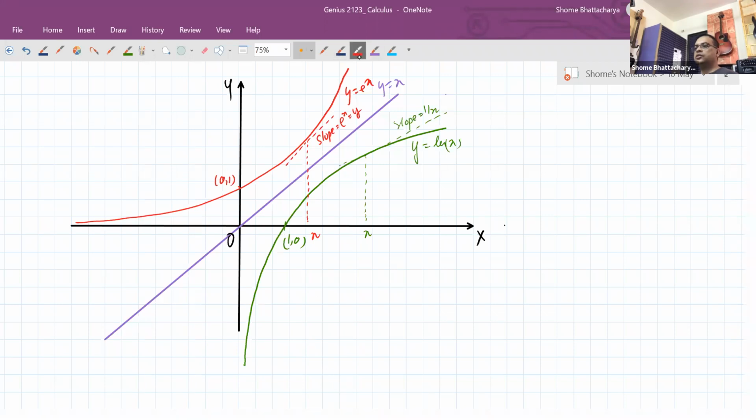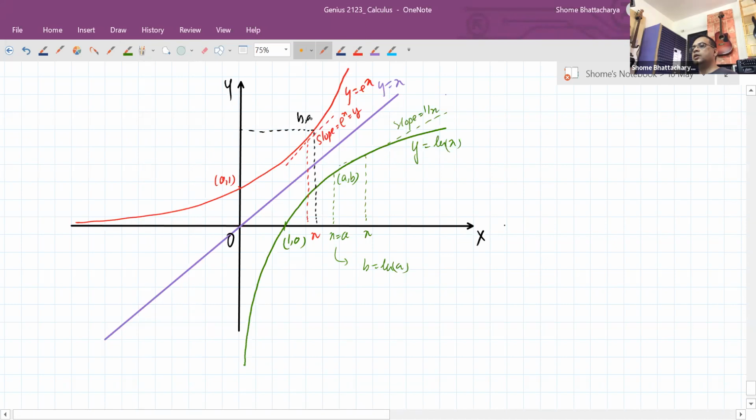So in general, if we have some point where x is equal to a and y is equal to b, so b is equal to ln of a, then the corresponding point on the other graph will be (b, a).